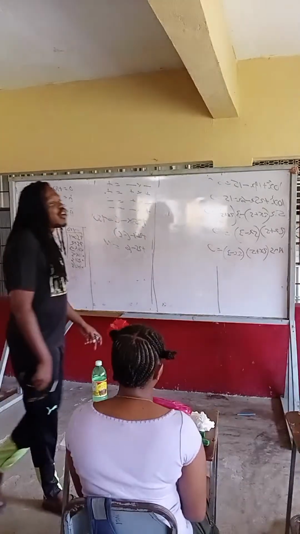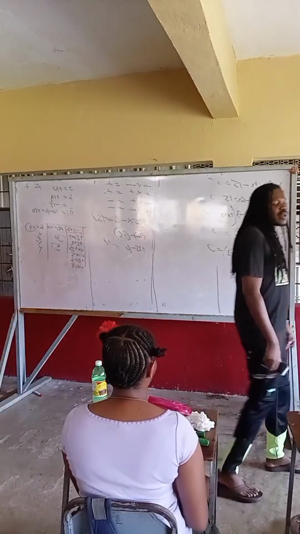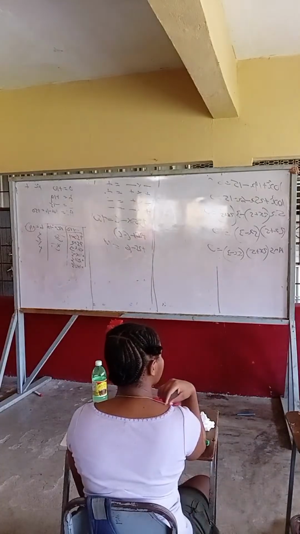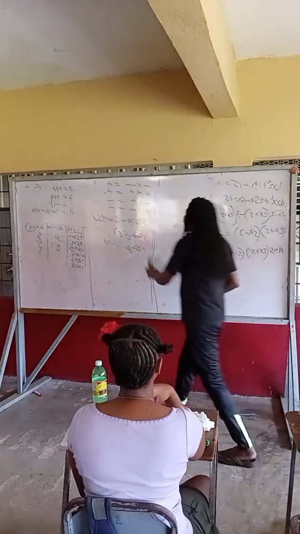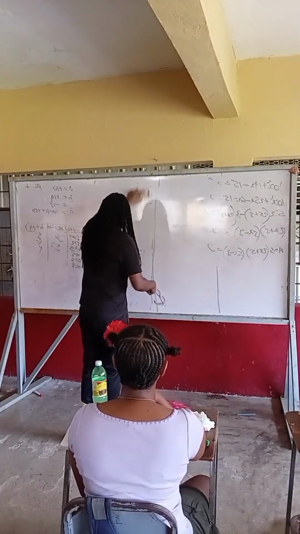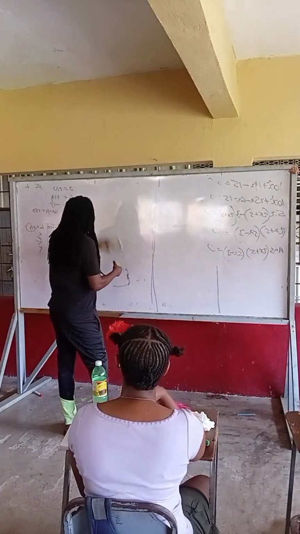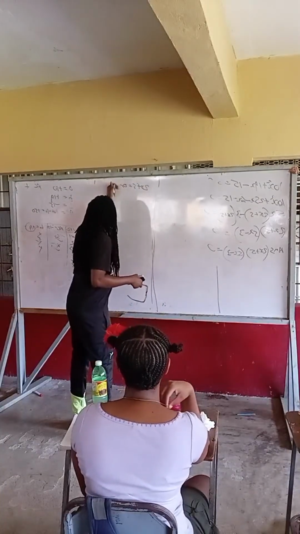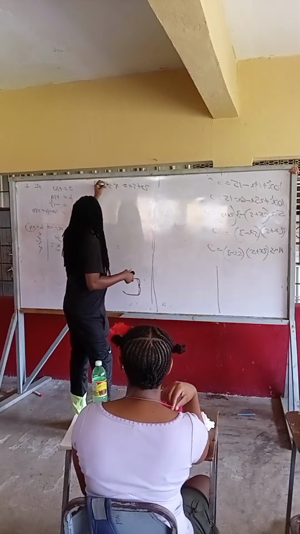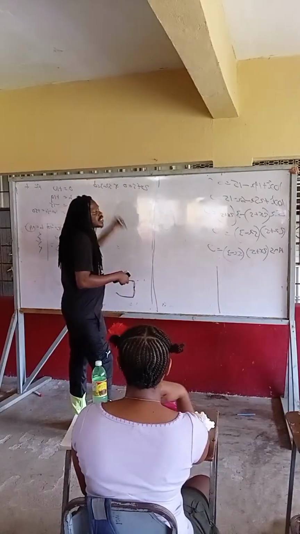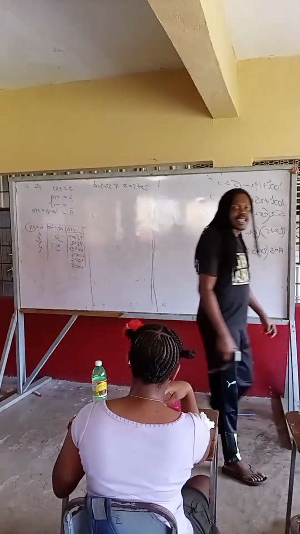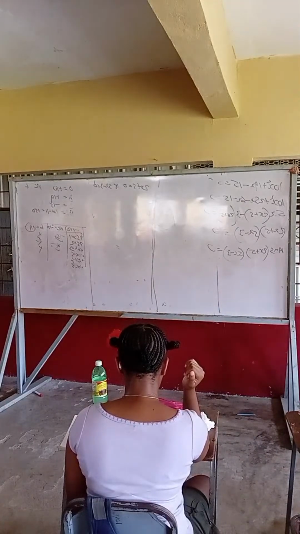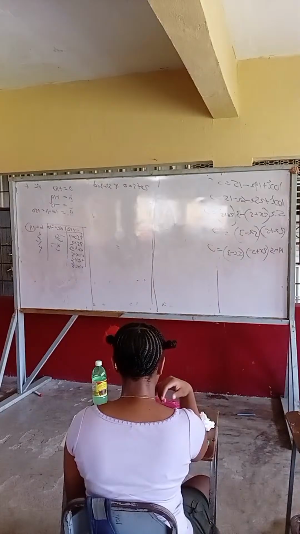You can't multiply any number and get 0 unless one of them is 0. Are you understanding? So when you reach this point, because of that mathematical principle, you recognize that in this case, 2x plus 5 equals 0, or 5x minus 3 equals 0. Everybody understand that? Because one of them has to equal 0. You see that? Yes.